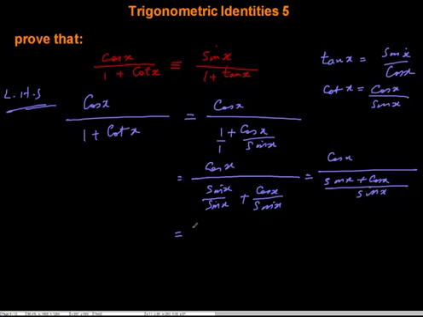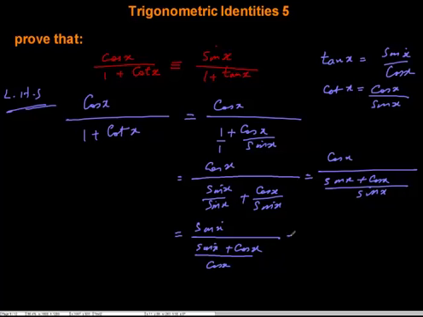You can do that by dividing, so I get sine x, and in the denominator I've got sine x plus cos x over cos x. All I have done is replace that cos x with sine x.